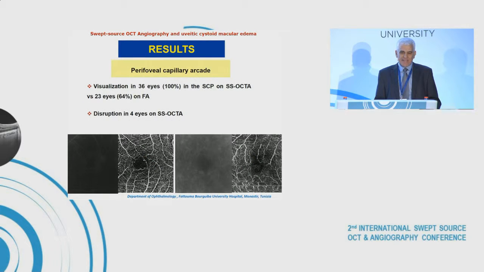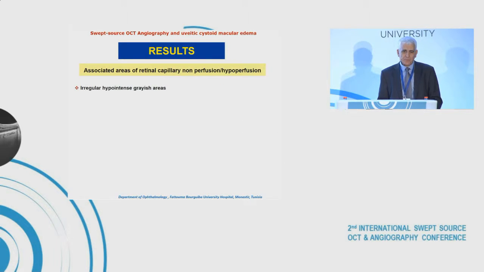Peripheral capillary arcade was visible in the superficial capillary plexus on swept source OCT-A in all cases and in only 64% of cases on fluorescein angiography. And there was disruption of this perifoveolar capillary arcade in 4 eyes on swept source OCT-A.